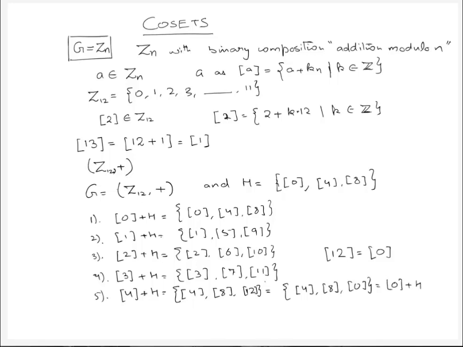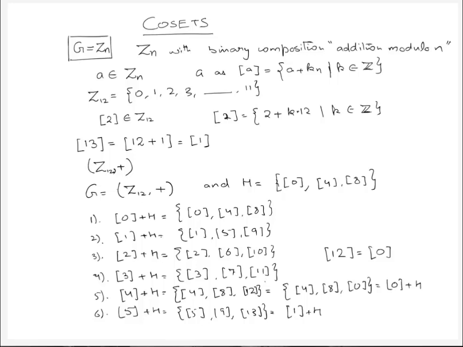So whenever you find another coset, say if you find 5 plus H, then it will come out to be 5, 9, 13, which is further equal to coset 1 plus H. So we can say that these cosets give rise to partitions.